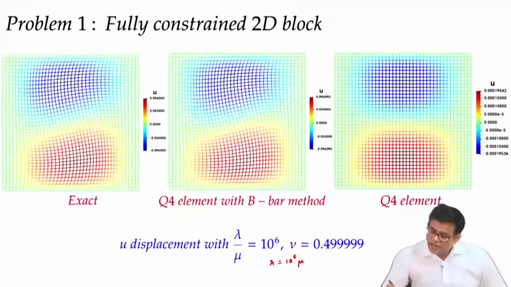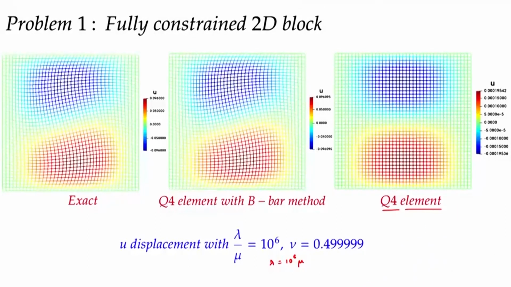Now, if you use the Q4 element, then you will see that your displacements are of this form. The exact solution is 0.096 because it is a totally incompressible block. If you use the B-bar method, you can see that your result is much closer to the exact solution compared to the standard Q4 element.